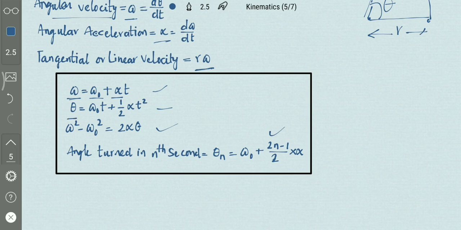This is angular displacement: initial angular velocity into time plus half into angular acceleration into time square. And this is final angular velocity square minus initial angular velocity square is equal to 2 into angular acceleration into angular displacement. And this is the angle turned in the nth second. It is given by this formula.